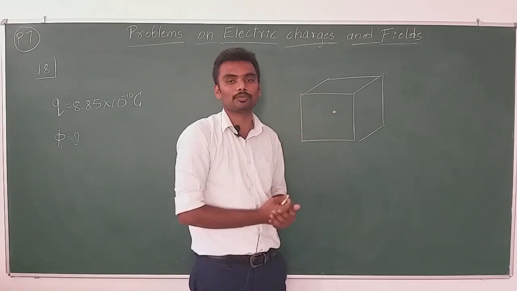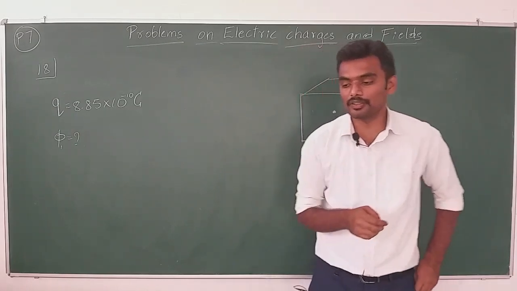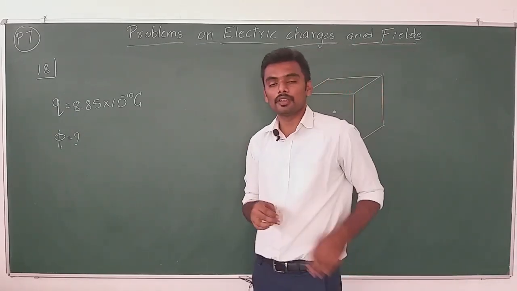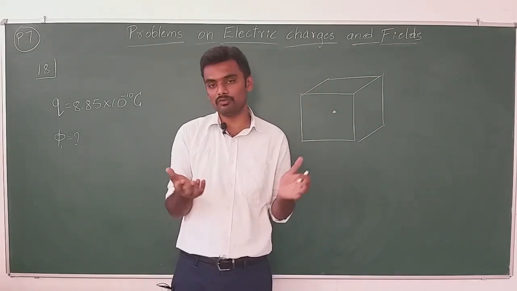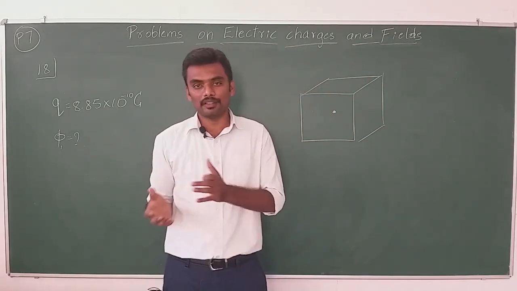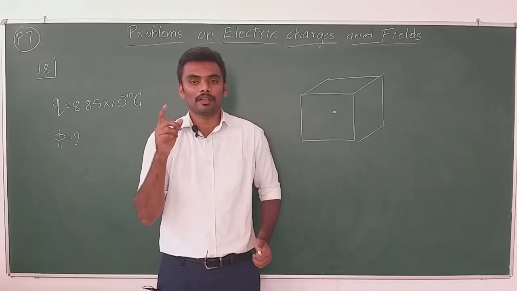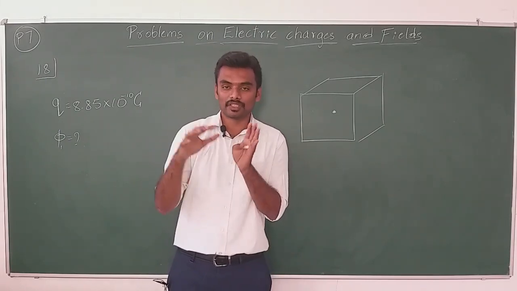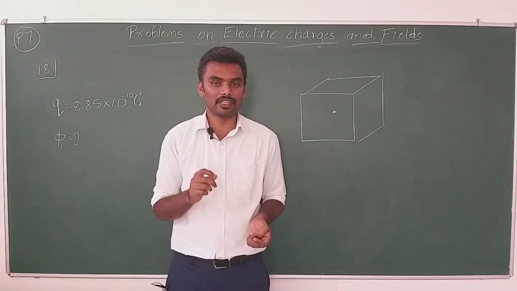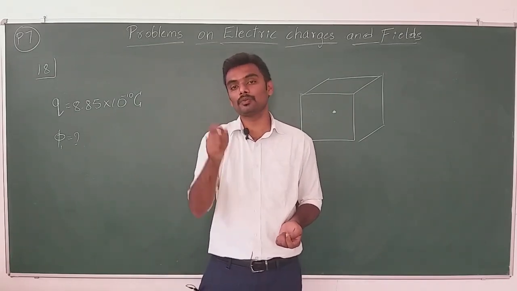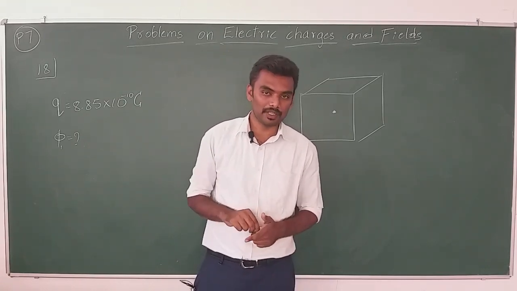Now according to the definition of Gauss law of electrostatics, the total electric flux through an enclosed surface, irrespective of what shape or size the Gaussian surface is, is equal to 1 by epsilon naught times the total charge enclosed, right?